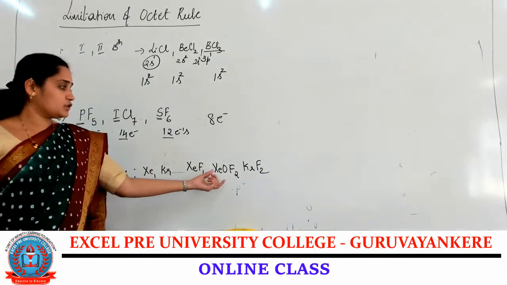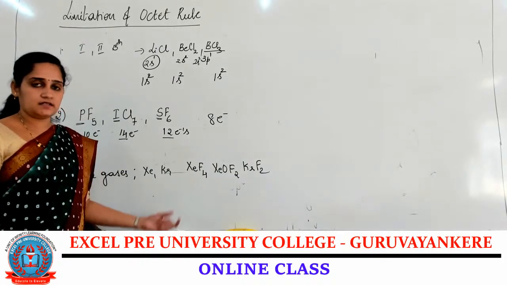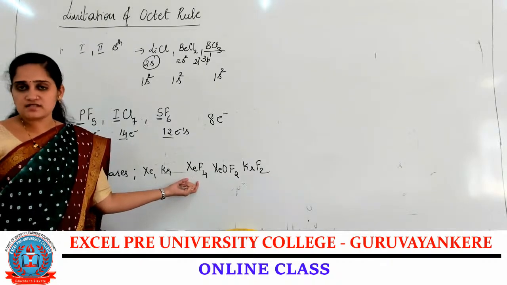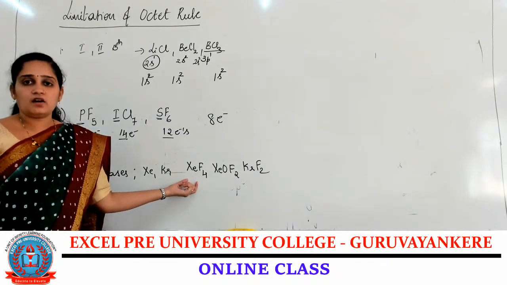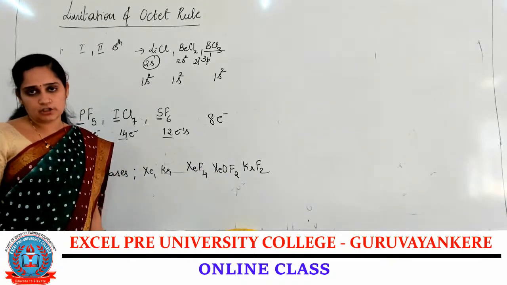So these molecules also exist. So the octet rule breaks because these are noble gases which have already attained the octet, but here they are forming molecules.